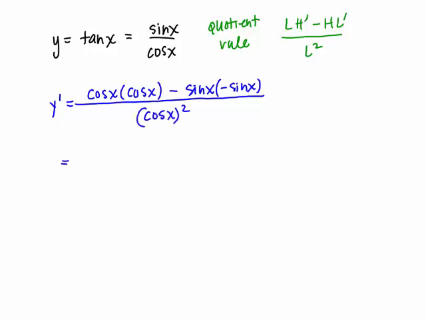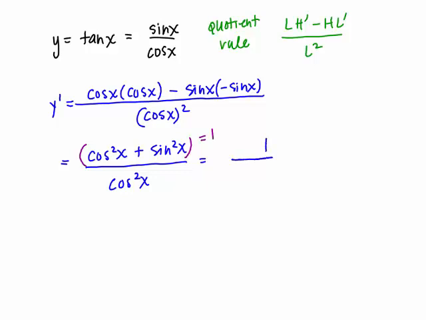By simplification, we have cosine squared x plus sine squared x all over cosine squared x. But we remember that this is a Pythagorean identity. Cosine squared x plus sine squared x equals 1. So this is now 1 over cosine squared x.